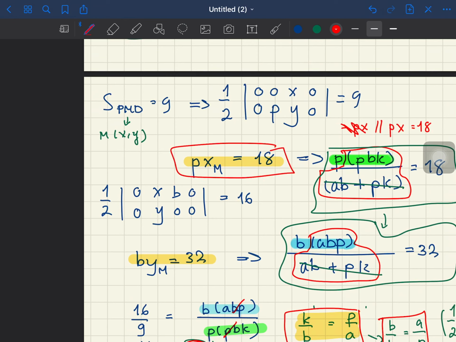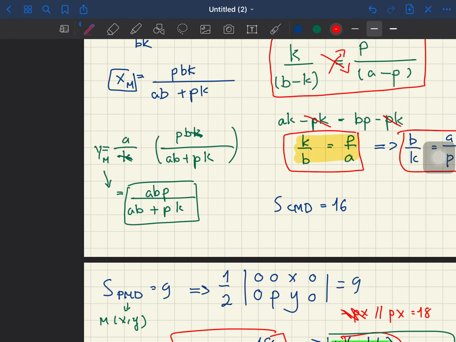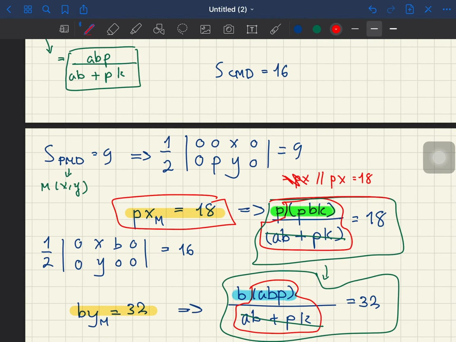Okay, so recall back, P times xm, the x coordinate of M, equals to 18. And xm, if you try to recall back from the top here, you will have this one. So just substitute this one, you will get this green thingy here. Okay, right.